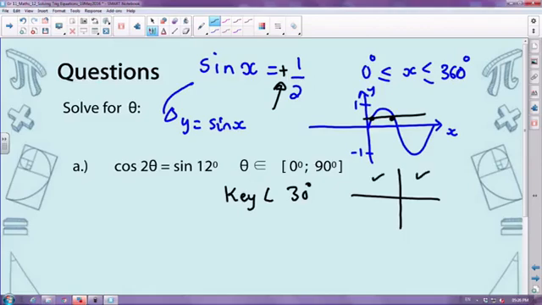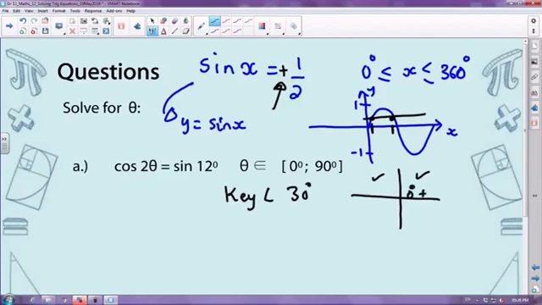Now remember, this is a graph. We are working out the x values that will give us that half. So you see, we want to work out what's the value of x there, what's the value of x there. Now, our answer should be that x has to be greater than 0, but less than 180 degrees. Now, let's check.